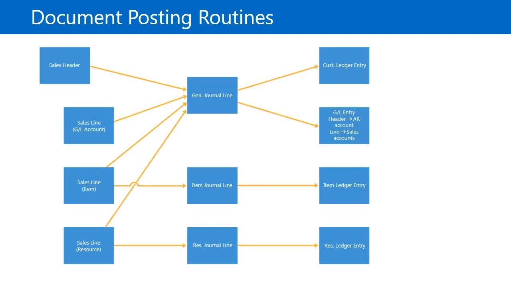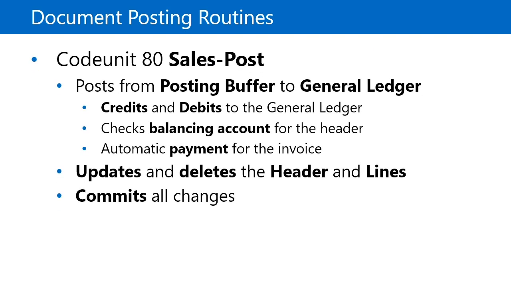We're still in the processing part of a sales order, and at the end, once we have all of that information in the posting buffer table, we are now ready to post it to the general ledger where some extra business logic will be performed. After that, we will update and delete the header and the line, so the unposted document will either be deleted or updated, and all of the changes will be committed.